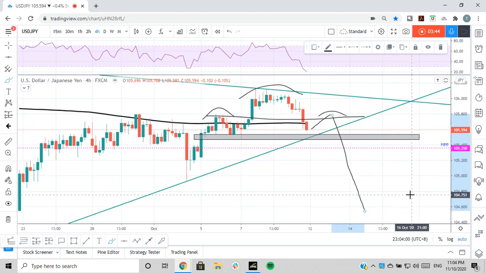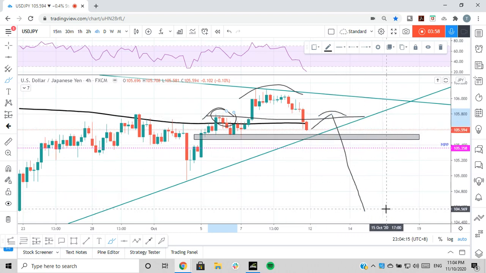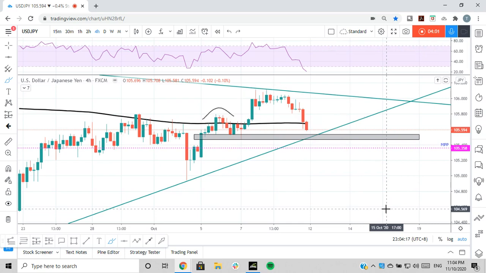Then we start a break downwards. If you do see this HNS on the H4 and it breaks out of the neckline, then most probably you don't have to wait for the break of the MPP. We might be able to see a break of the neckline and continuation downwards. So take note of how we're going to trade for USD yen.